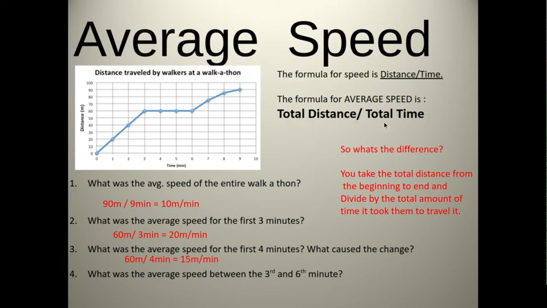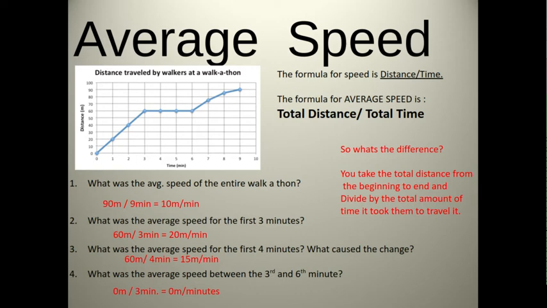0 divided by the total time. Well, the total time between the third and the 6th minute, 6 minus 3 gives me 3 minutes. So my average speed between the third and the 6th minute, 0 divided by 3, is 0 meters per minute. So for this 3 minute period of time, the runner did not go anywhere.